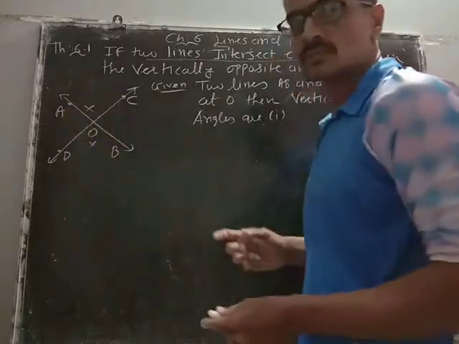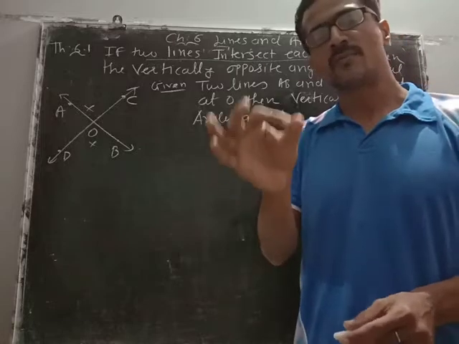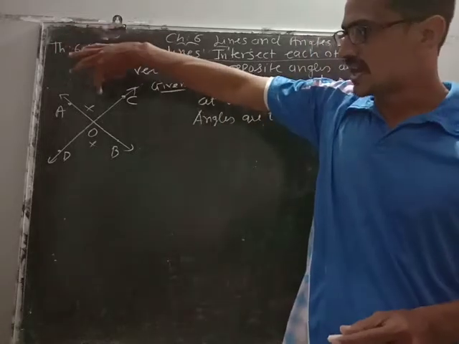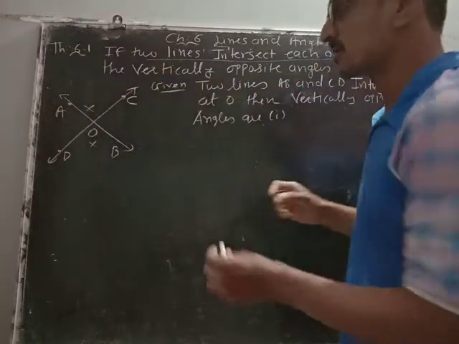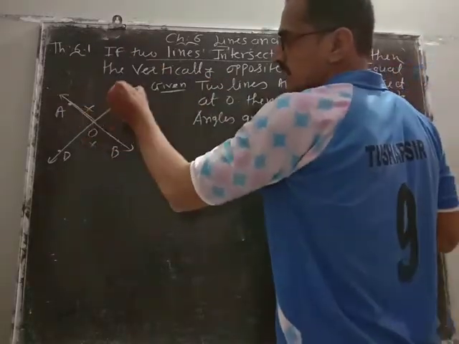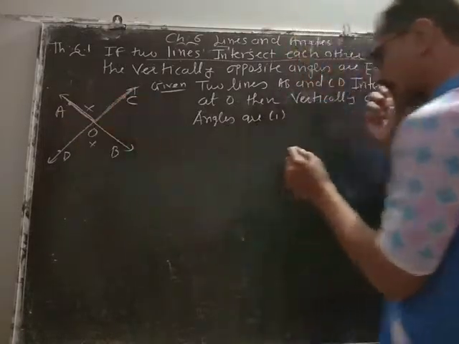These two. So always whatever angle's name we give, that alphabet O remains at the center. So what will be the name of this angle? Give name to this angle AOC.